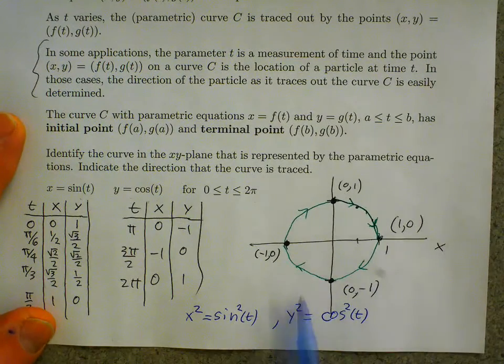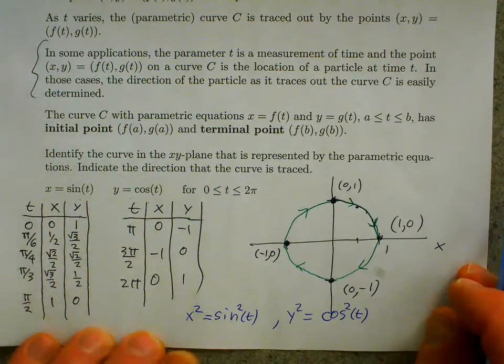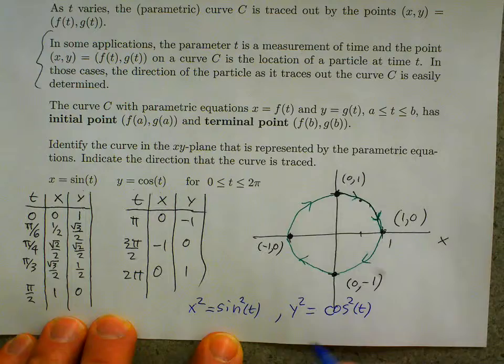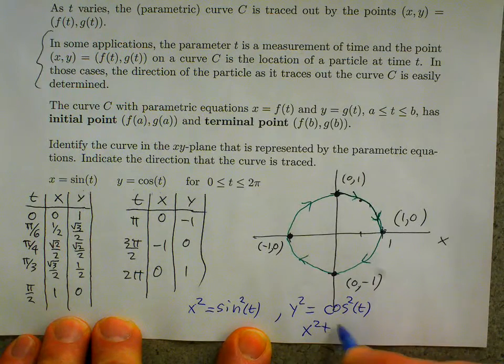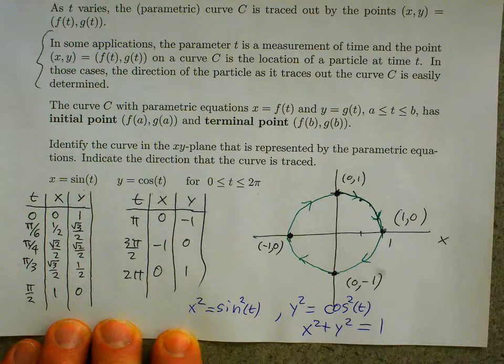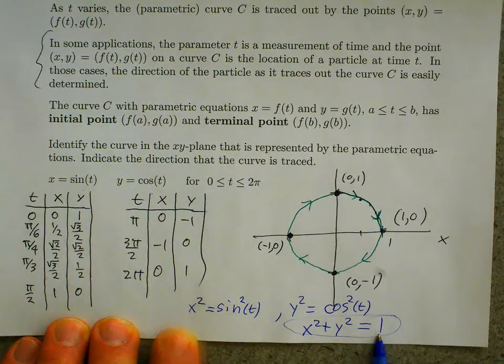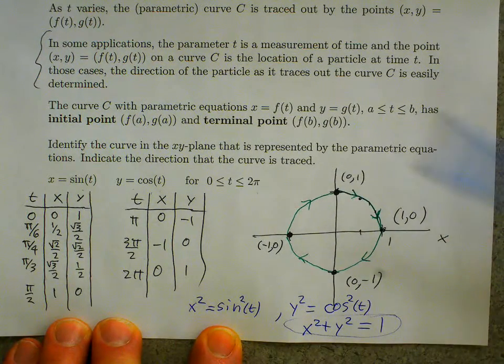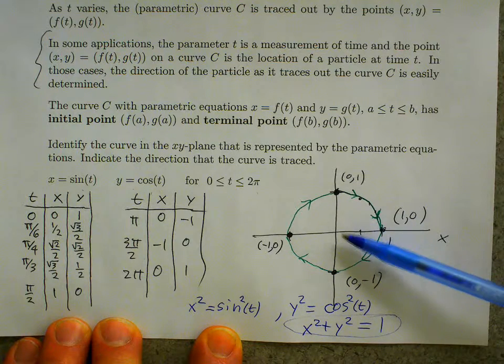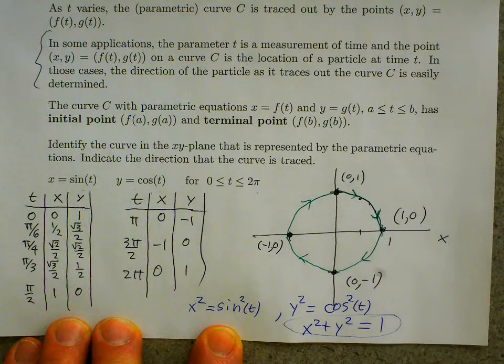And so the equation for this curve in Cartesian coordinates is just x squared plus y squared equals 1. And we do recognize x squared plus y squared equals 1 as the equation of the circle centered at 0, 0 with radius 1. That's the same circle that we got with the parametric equations.